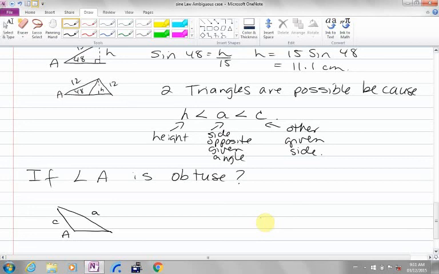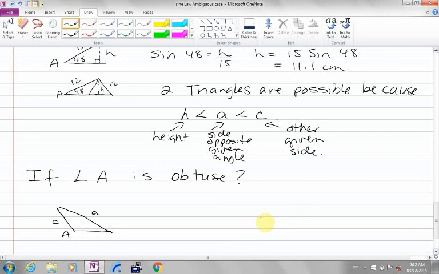Longer than side C. It has to be longer than side C, right? Can you see that in the diagram? If I make this angle obtuse, that means C has to go out this way. A has to be longer, because if this is an obtuse angle, there's only one obtuse angle in a triangle, right? There can only be one.